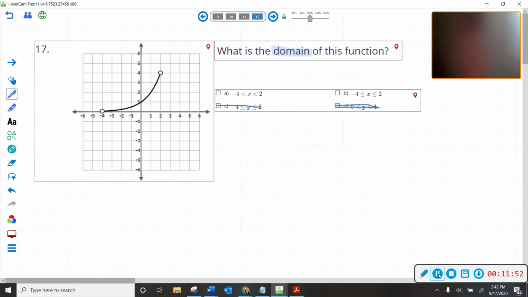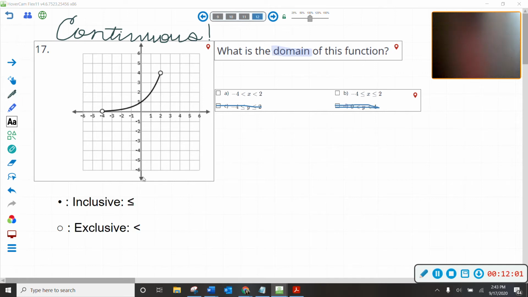So that means it is continuous, so we are going to have our less than symbols. Recall, we have inclusive less than or equal to, and also exclusive less than. As you'll notice, it's the exact same problem, but we need to make sure we're using the correct symbols. This is why I had the review so that we could go over this.